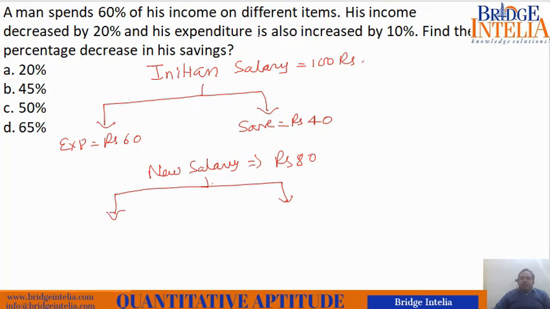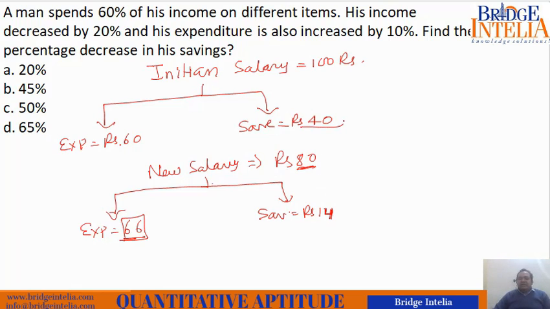Now what do we know? His expenditure also increased by 10%. So though his salary is decreasing, his expenditure is still increasing by 10%. So 60 becomes 66. So out of 80, now his expense is 66. So saving of rupees 14.